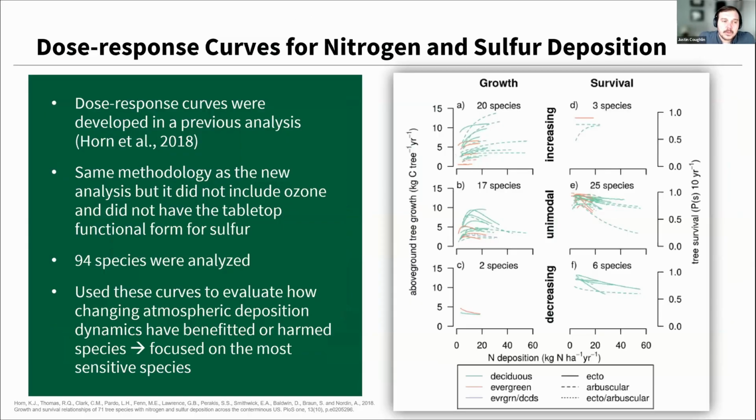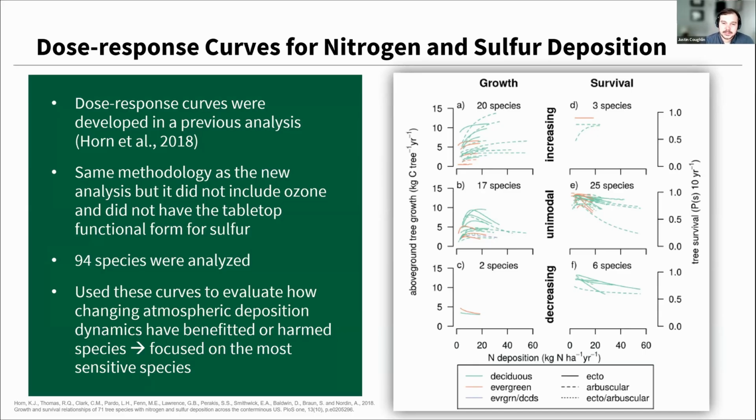As I mentioned before, we were using a previous iteration of these dose response curves from the Horn et al. 2018 publication, where they evaluated annualized growth rates and decadal survival probability and their relation to both nitrogen and sulfur deposition. In that study, they analyzed 94 different tree species that had a sample size of at least 2,000 trees within the national FIA data set.